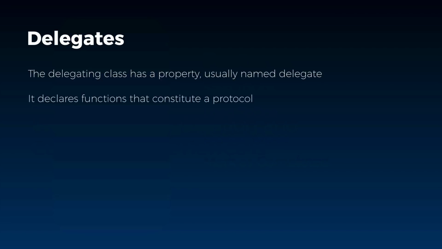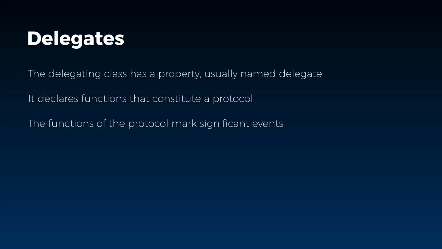And we are also declaring as many functions as we actually need to constitute a protocol, and we're just declaring these functions without implementing them. So these are one or more functions that constitute the protocol that we're implementing.